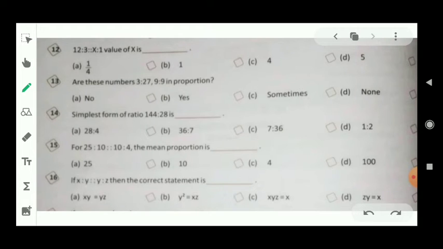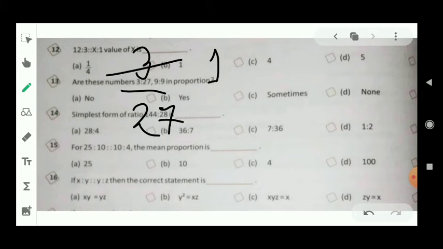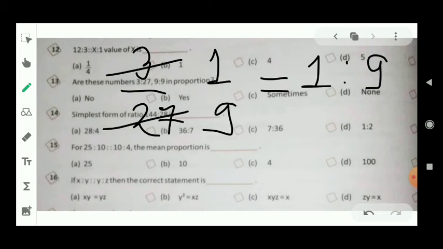Now all the students, let's see the next question, that is question number 13. Are these numbers 3:27 and 9:9 in proportion? Let's see the solution. 3:27 means 3 upon 27. Can we cancel it from the table of 3? Yes, of course. 3 ones are 3, 3 nines are 27. That means its value will be 1:9.